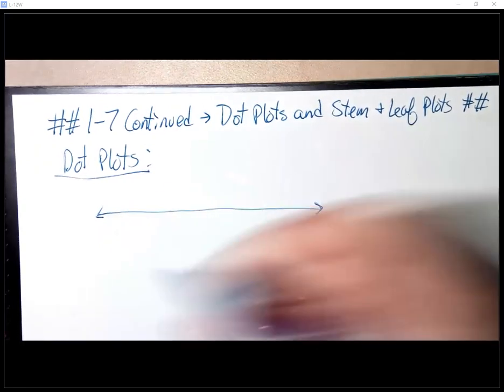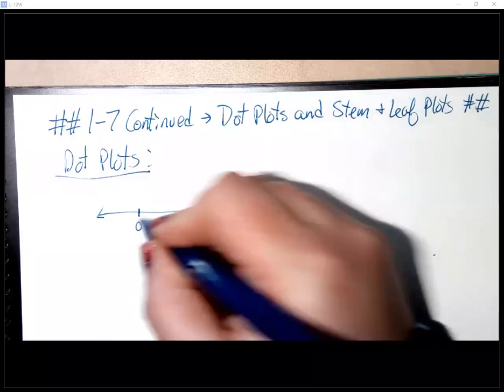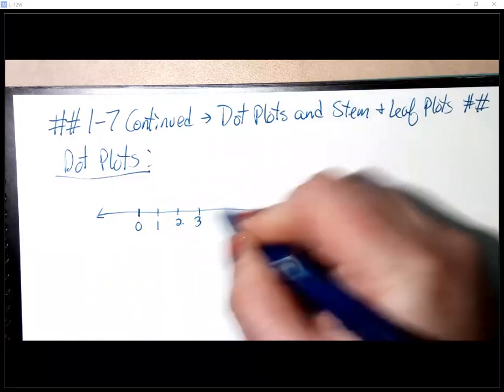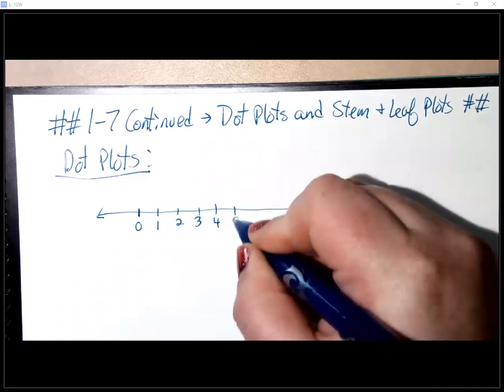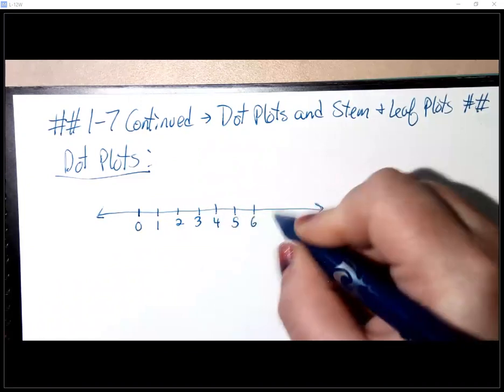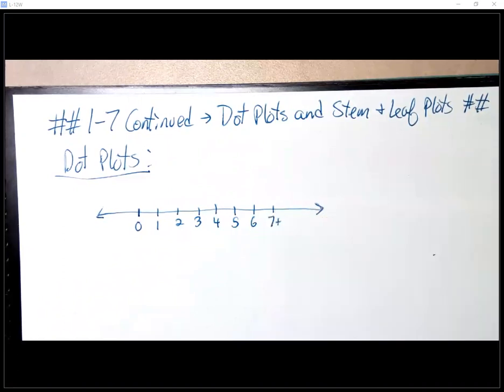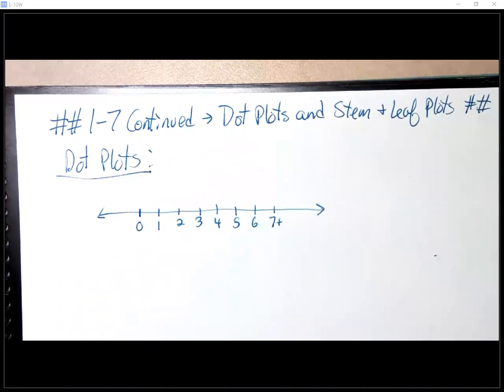So we'll start off with 0, 1, 2, 3, 4, 5, 6, and then I'll go 7+. For every answer that I get, I'm just going to put a dot at that number and you'll see it'll kind of stack up. They look kind of similar to bar graphs sometimes, but we just use dots instead.